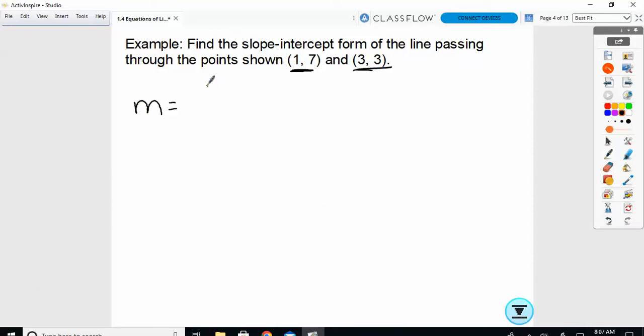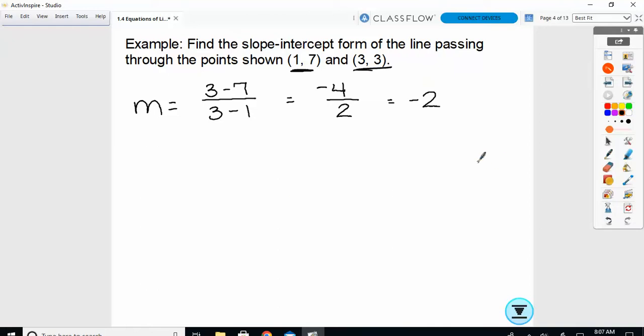Change in y over change in x, or y sub 2 minus y sub 1 over x sub 2 minus x sub 1. So we get negative 4 over 2, which is negative 2.